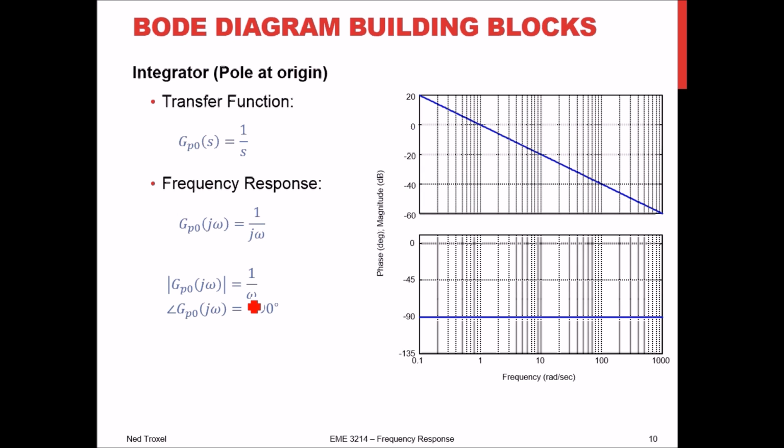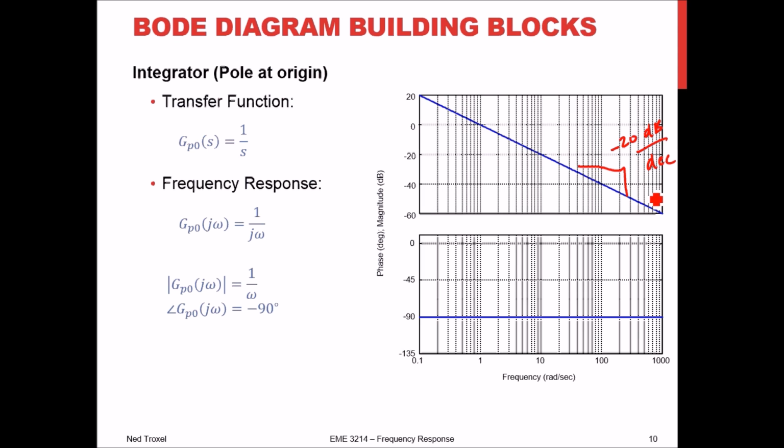So just imagine when I put in 10, I have a magnitude of 1/10, or -1. When I put in 100, I have 10 to the -2, so the log is -2, and I'm going to get -40. And so this will basically just keep going down, and it's just that slope of -20 decibels per decade.